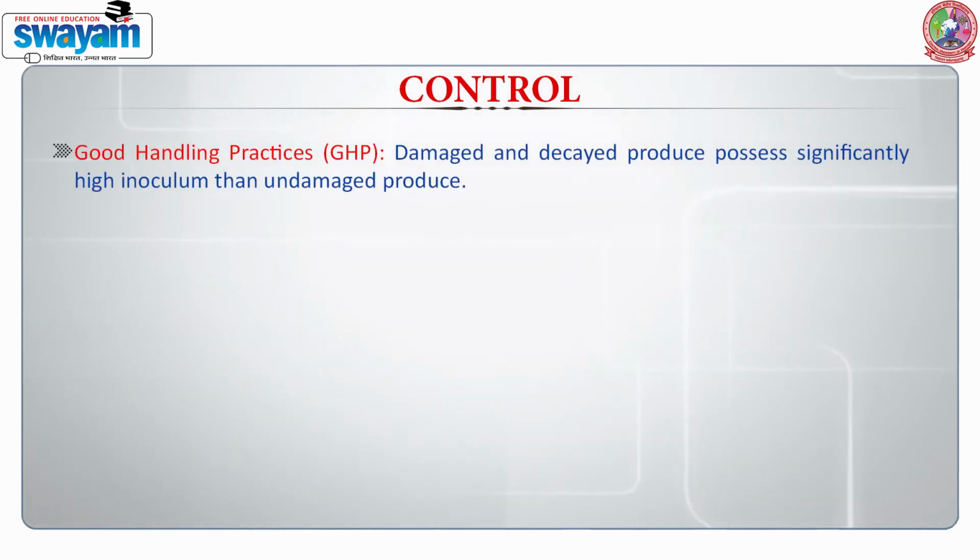Another way to minimize the damage due to spoilage is to follow good handling practices, which is abbreviated as GHP. This involves removal of damaged and decayed produce, because these have significantly higher inoculum than the undamaged counterparts.